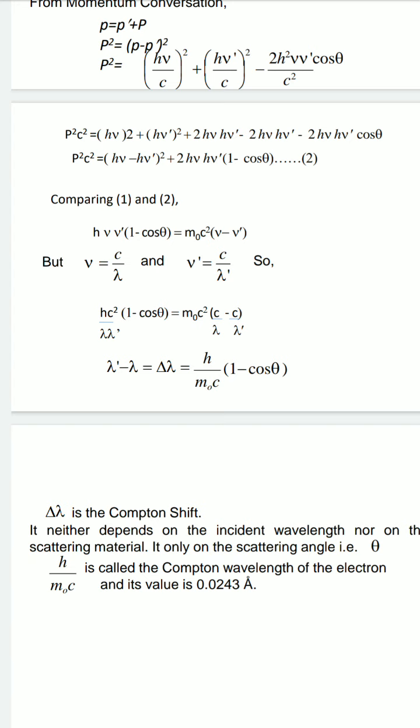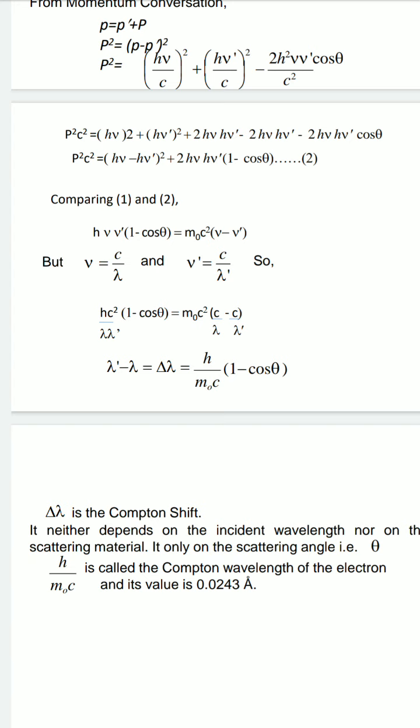This is the famous formula of the Compton effect, and this change in wavelength, lambda dash minus lambda, is delta lambda, called the Compton shift. That means the incident photon has a wavelength change after the scattering, and this wavelength change is called the Compton shift. It does not depend on the incident wavelength or on the scattering material.